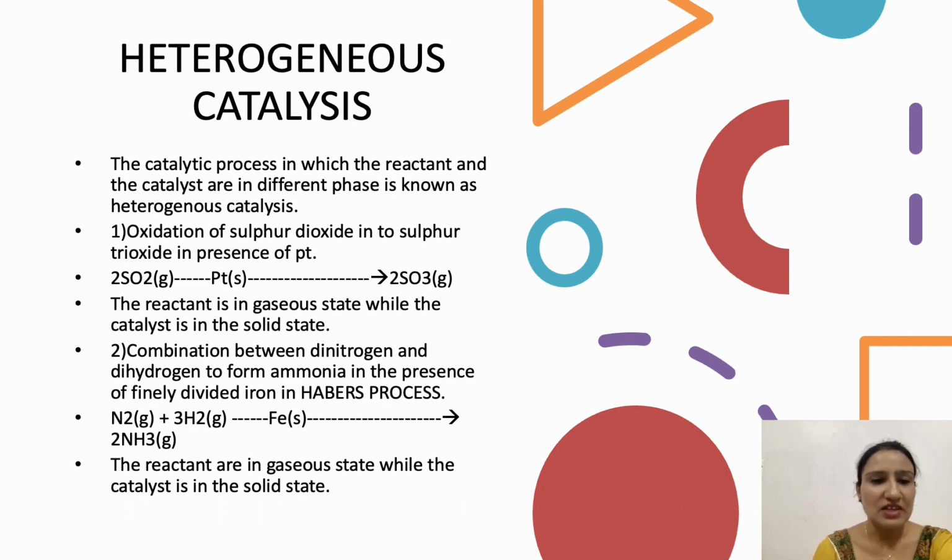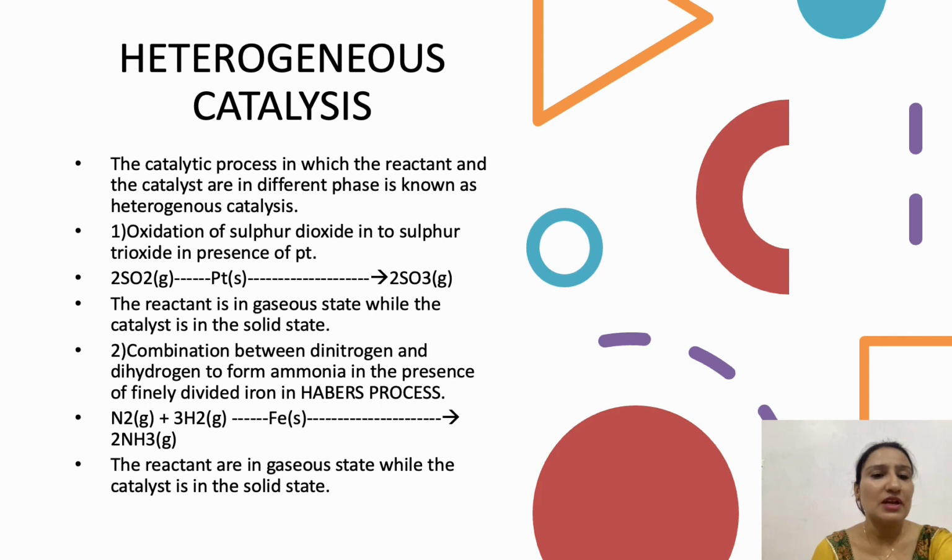As you see in the picture, the sulfur dioxide oxidation is held in the presence of a catalyst platinum, and it gives us sulfur trioxide. The reactant is in gaseous state while the catalyst is in solid state. Both are in different states, so it is known as heterogeneous catalysis.